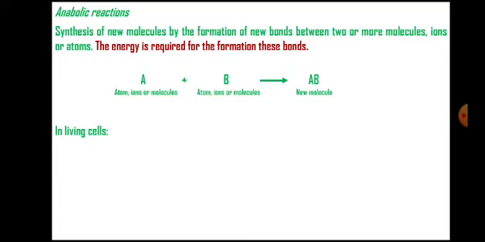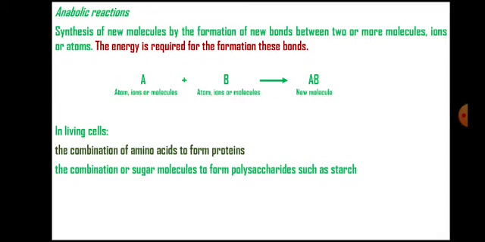In living cells, what are the different examples of anabolic reactions? The examples are the combination of amino acids to form proteins. The combination of sugar molecules: monosaccharides combine together to form polysaccharide, for example, starch.